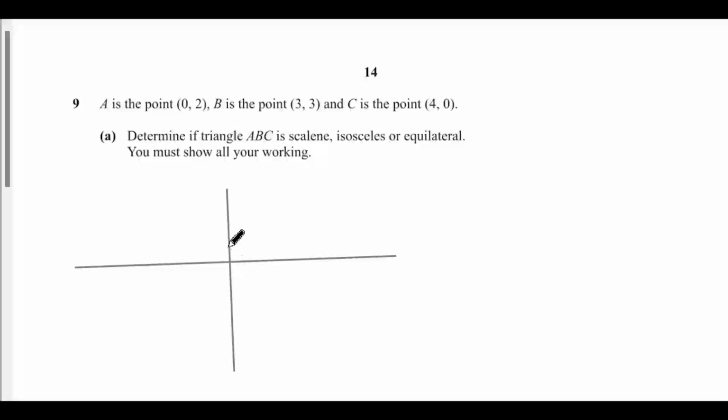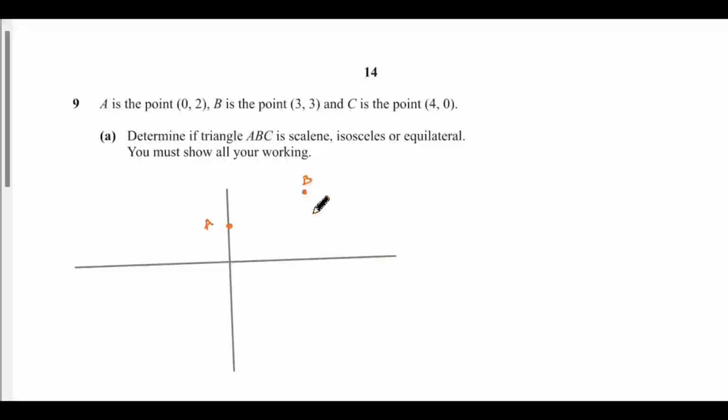So from here, we can just illustrate that point A is equals to x equals to 0, then y is equals to 2. So somewhere around here, the point is here. So this is point A. So we already know the coordinates. Then point B, x equals to 3, so let's say somewhere around here, and y equals to 3, so a little bit up here. So we have point B here.